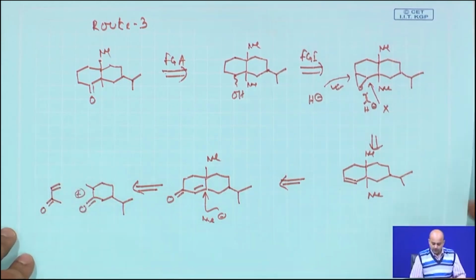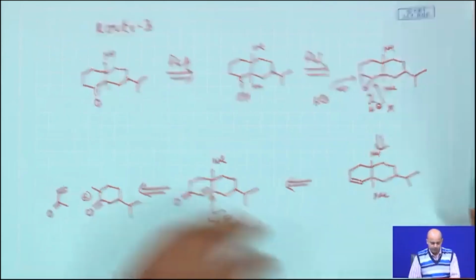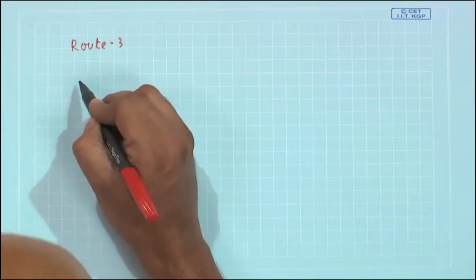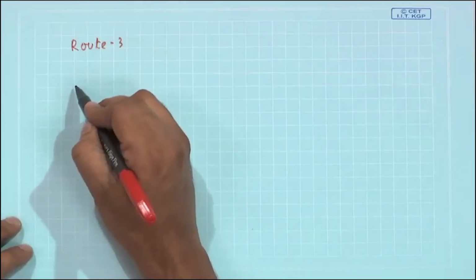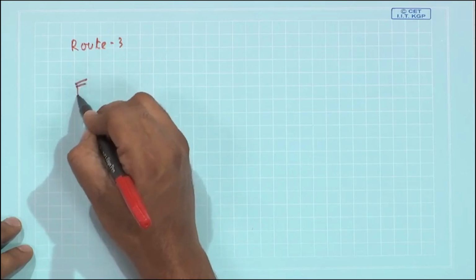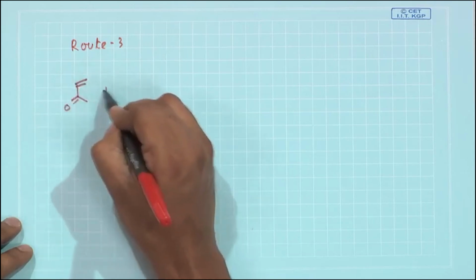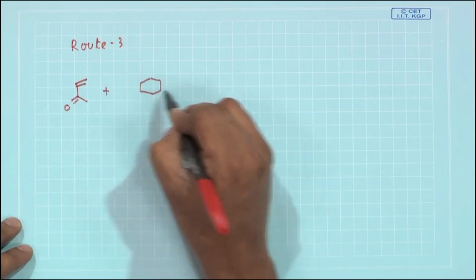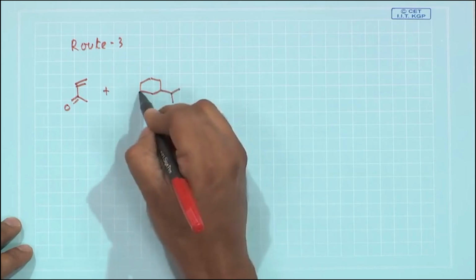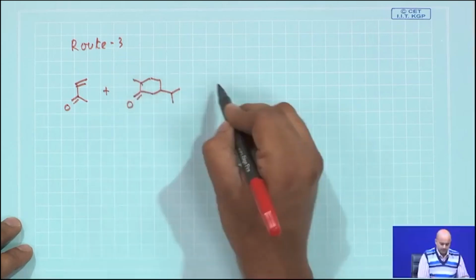So, now we try to analyze route 3 and see how this route 3 is also possible. In route 3, we say you are using a methyl vinyl ketone and this cyclohexanone based compound.